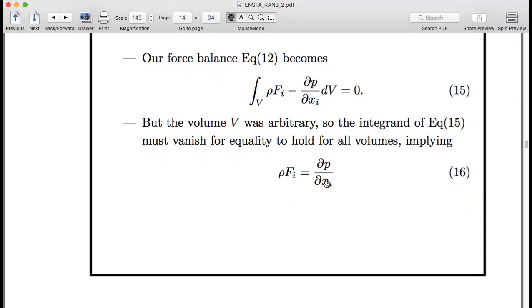And I'm not giving you all the mathematical conditions that have to be true in general to make this sort of step. But here in fluid mechanics, for regular functions that are the integrand here, then you can make this step. If you're ever interested in this sort of thing, you can talk to me about it.